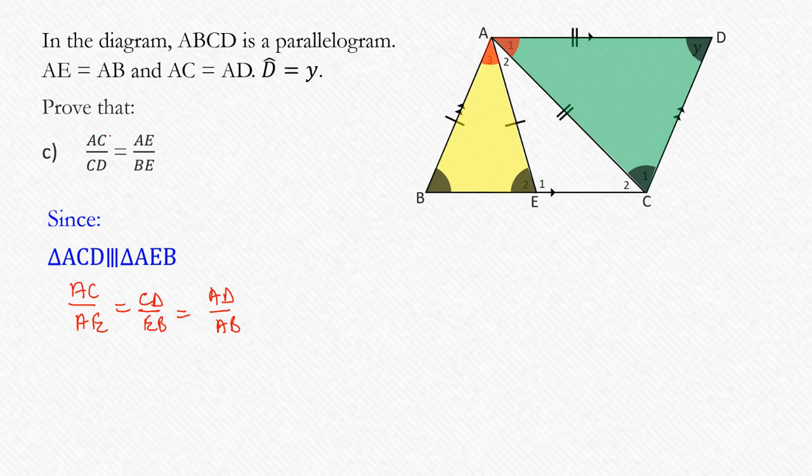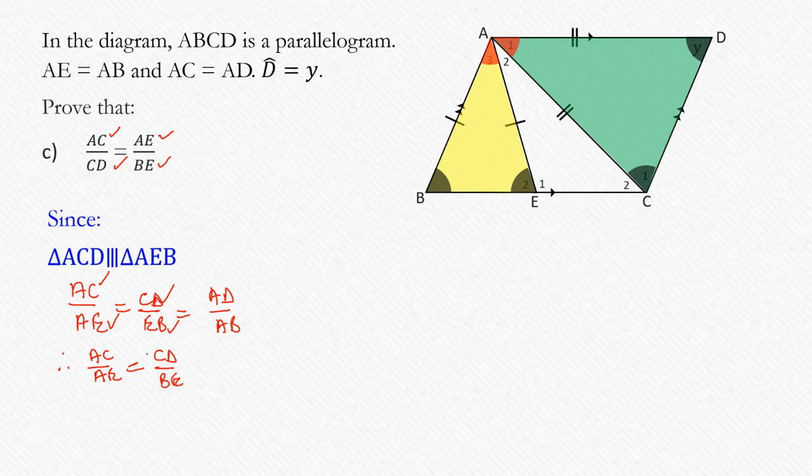Okay, and then we have AC there, AC there, AE there, AE there, then CD, CD, BE, BE, and BE and EB is just the same thing. So therefore, AC over AE is equal to CD over BE.